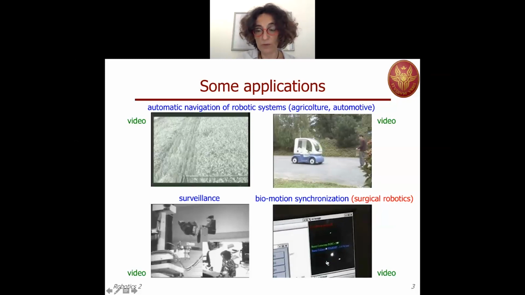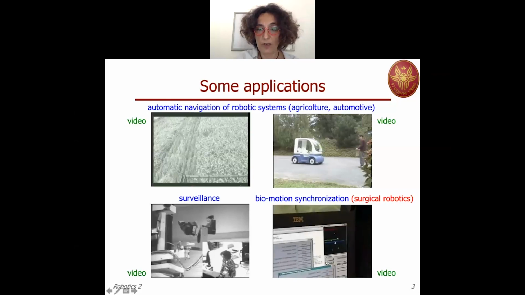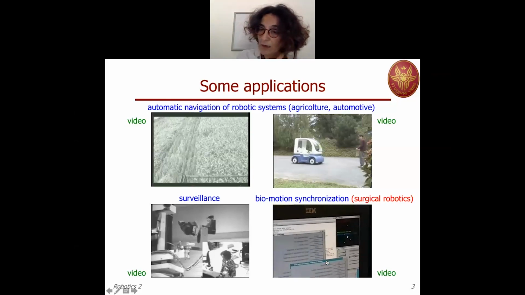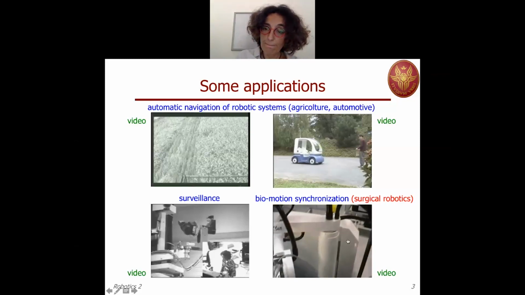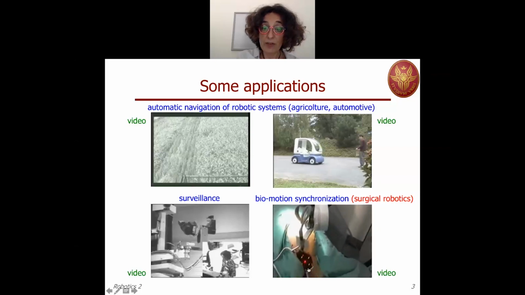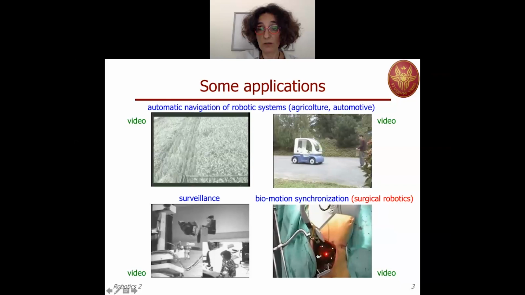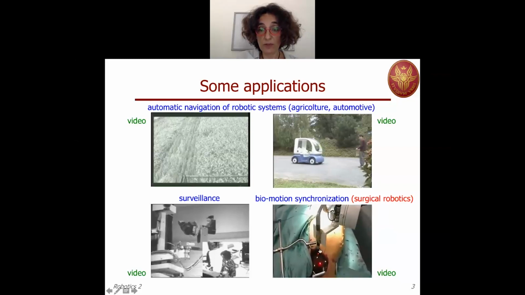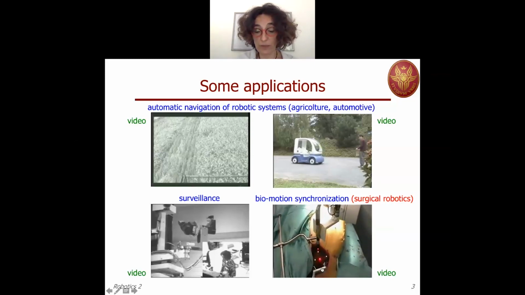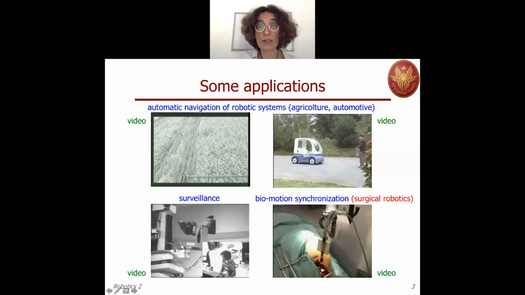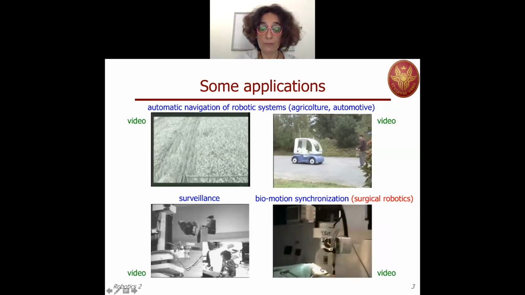We will see what feature means in a while. By tracking these features using the visual servoing technique, you see that the robot synchronizes with the motion of the heart beating.